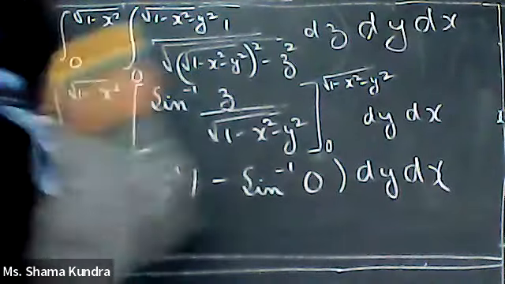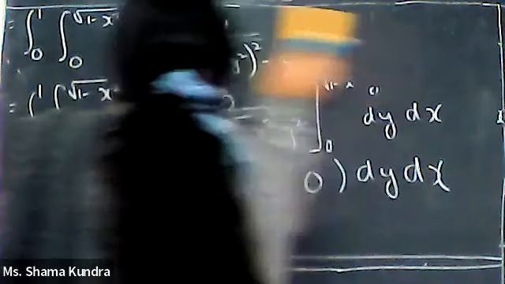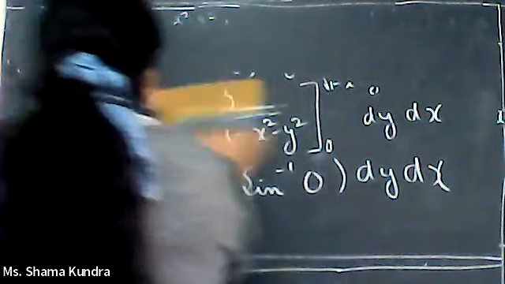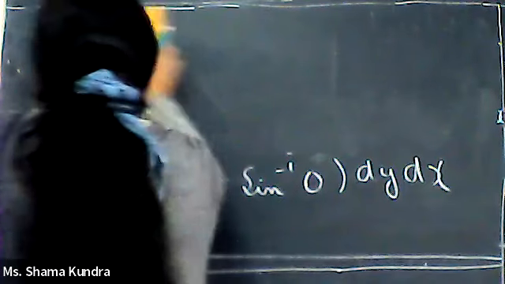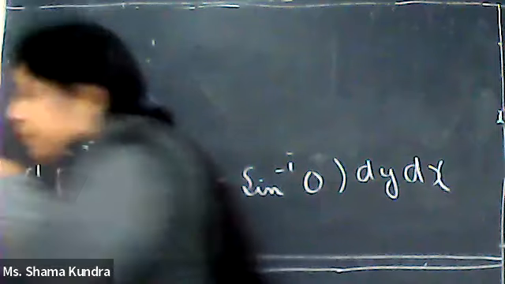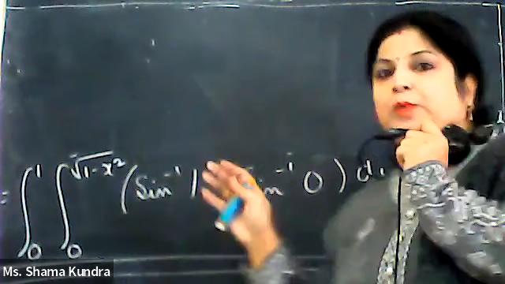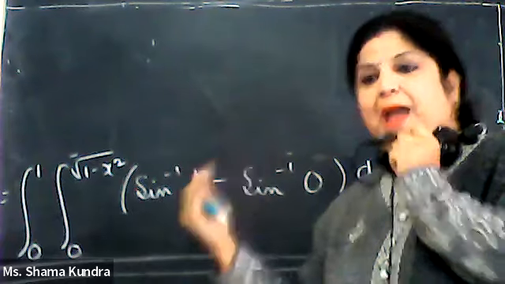Sine inverse 1, we know its value is pi by 2. Sine inverse 0 is 0. So pi by 2 minus 0 is pi by 2.